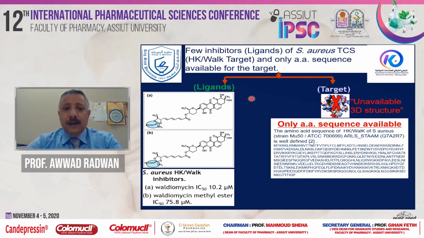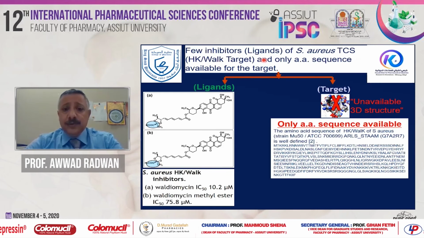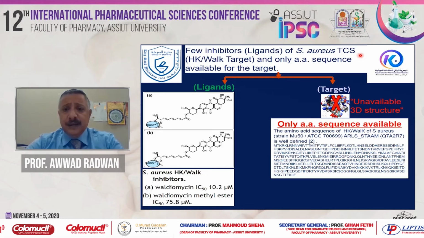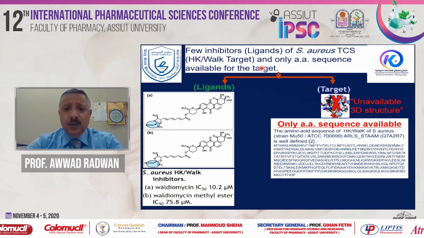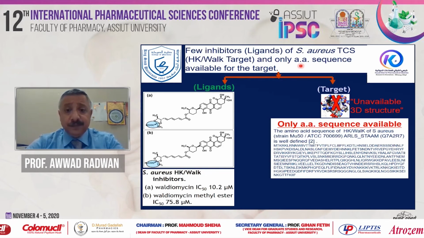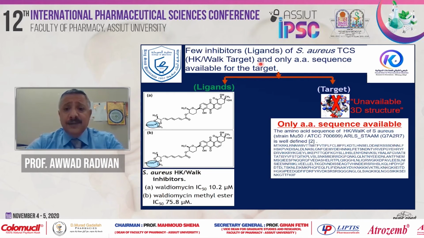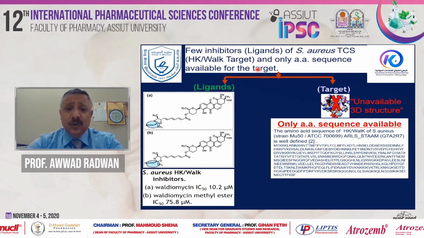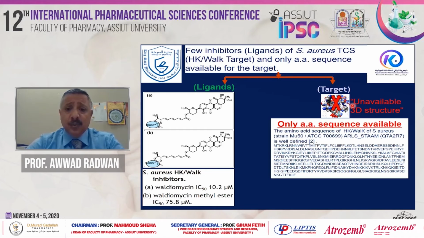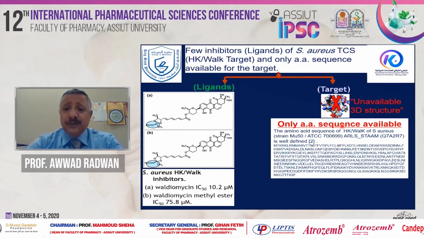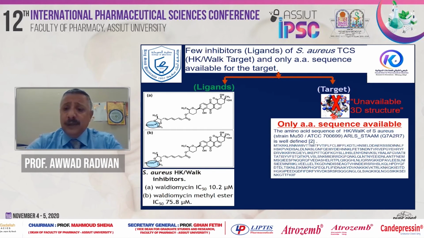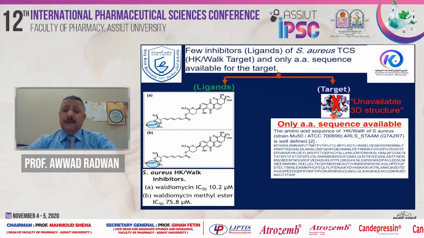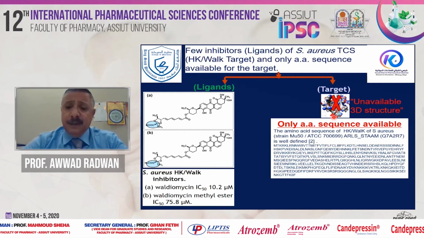There are few inhibitors of the Staph aureus histidine two-component system, and only the amino acid sequence is available for the target macromolecule. That means the three-dimensional structure of the target macromolecule hasn't been published yet.